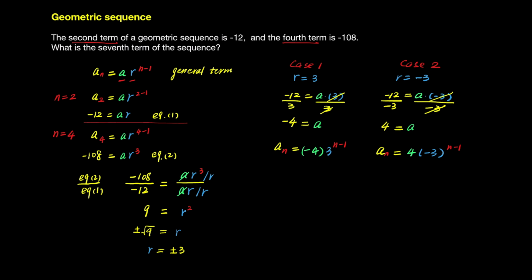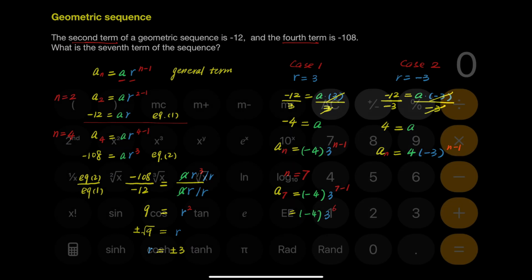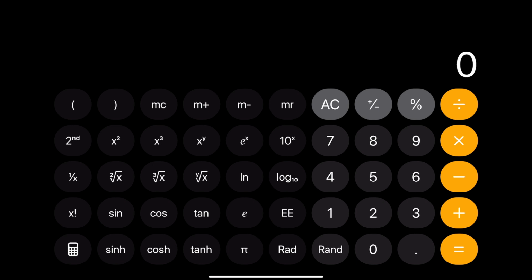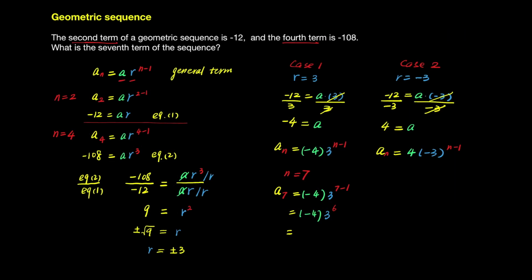Now that we have our general terms, we can evaluate the seventh term for these two cases. For case 1, when n equals 7, we have a7 equals negative 4 times 3 to the power of 7 minus 1, so it equals negative 2916.